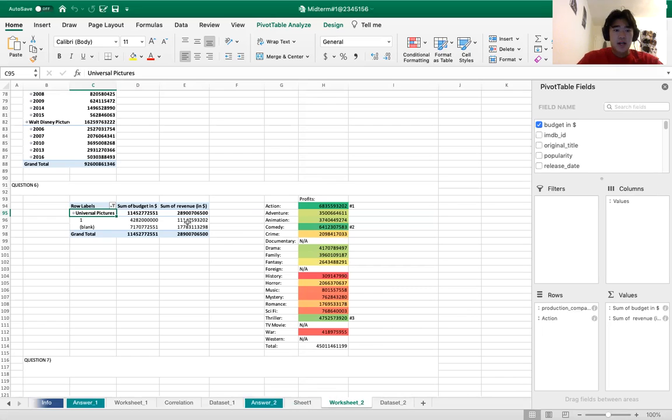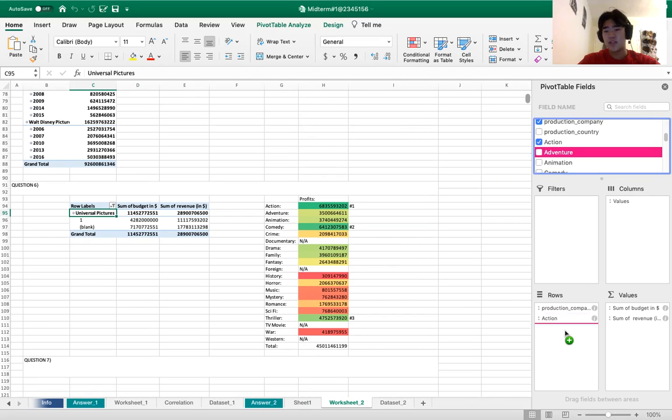A 1 means that that movie applies to that specific genre. And from there, I took the sum of the revenue and the budget, and if you subtract costs from your revenues, you're going to get your profits. And I had to do that manually for every single one because if you put in more than 2 in your pivot table, it makes it extremely hard to read what things go where.